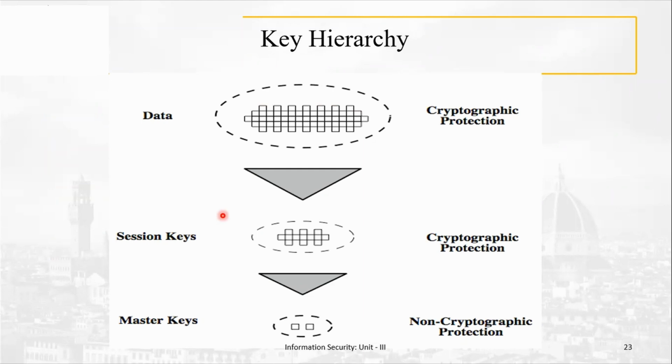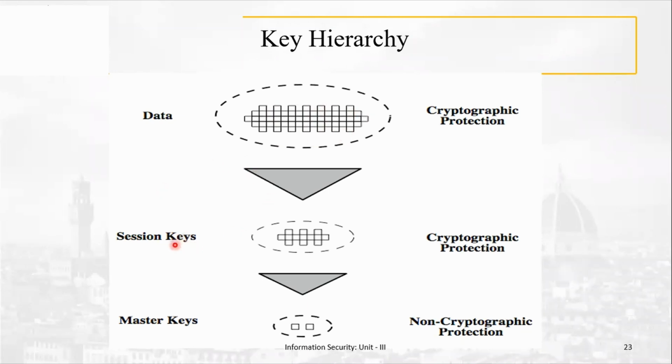These are a few more terms which you have to keep in mind. Actual data encryption happens with the private key. In the case of symmetric key, if you are using DES or AES, you are using one key, that is the data encryption key.